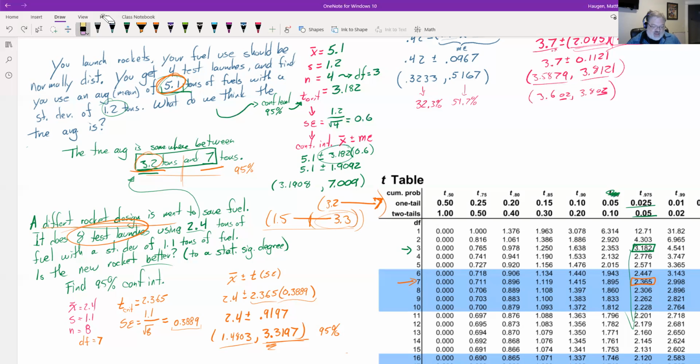That's why we say, in a very technical way, we have no evidence to support that the green rocket is better than the blue rocket. We have zero evidence, according to this information, that the green rocket is better. Emotionally, that's hard to say, looking at the data, but that's why we have statisticians controlling our budgets. Because emotionally, you want to say the green one's probably better, and it might be.